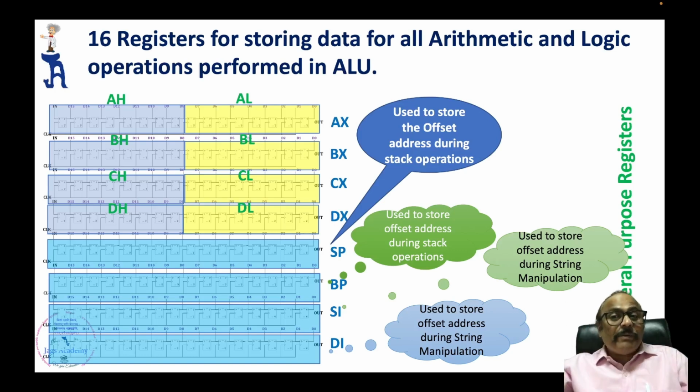Data has to come from memory. To fetch data from the memory, you need an offset address. That offset address is a pointer to a particular memory location. So SP, BP, SI and DI are used for that.